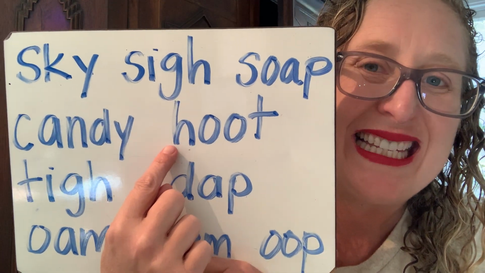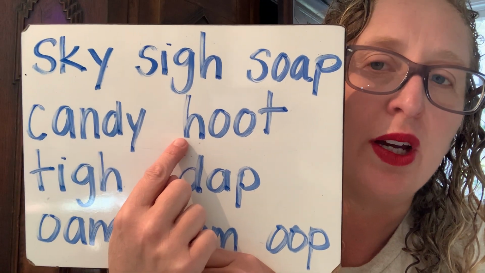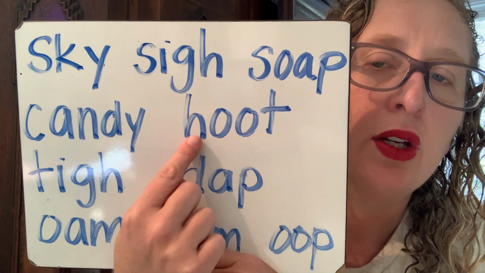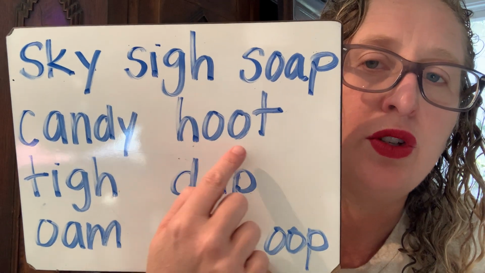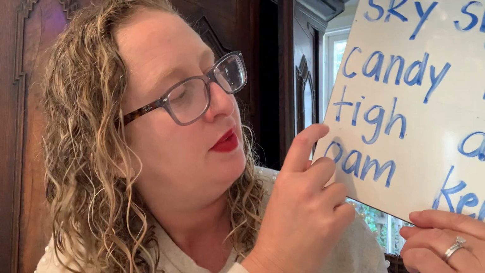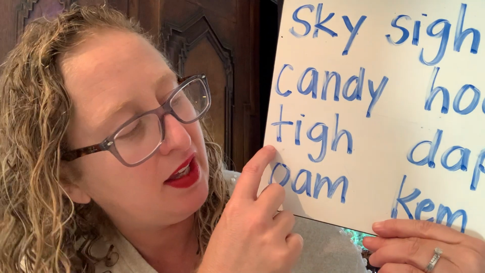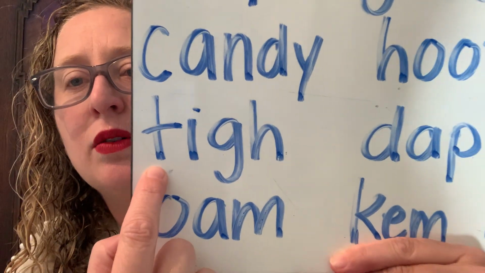Think, sound, read. This is what an owl does. Hoot, hoot. Here's two vowels together here. We got those two O's. Now this is gibberish, but we're just practicing sounds. Think, sound, read.